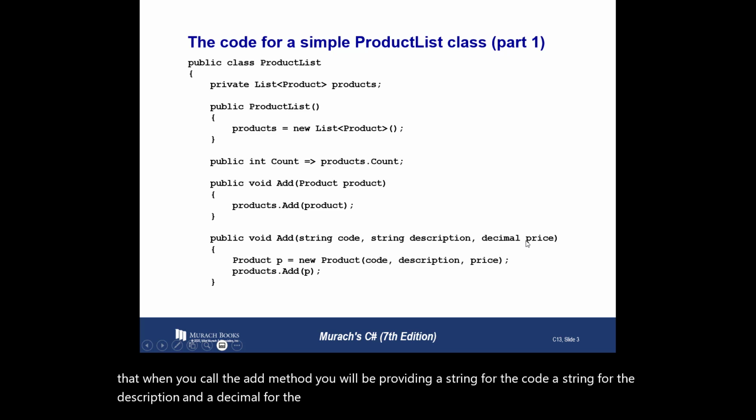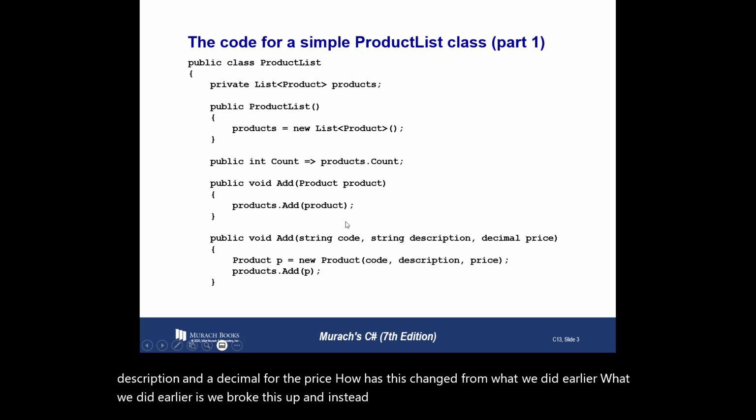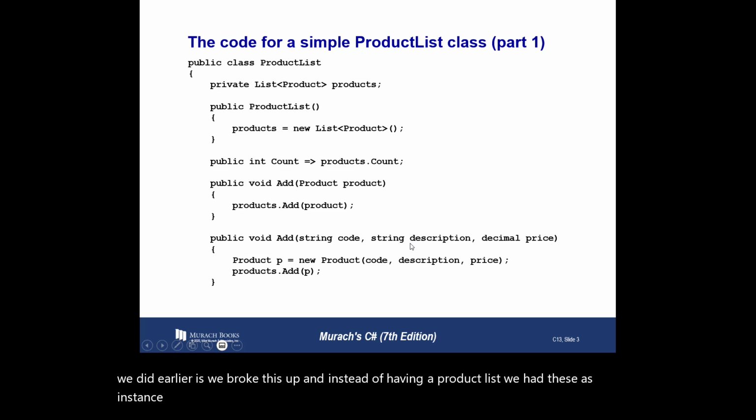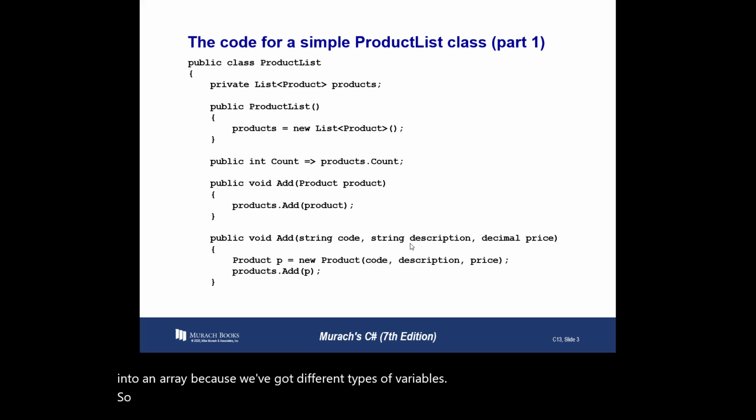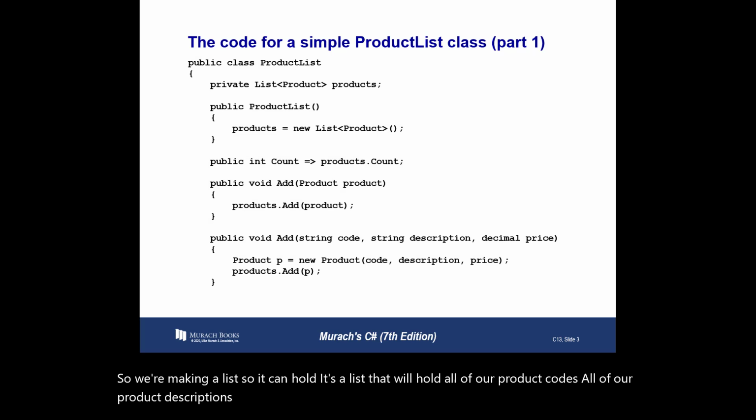How has this changed from what we did earlier? What we did earlier is we broke this up, and instead of having a product list, we had these as instance variables. Now we're combining them, but remember, you can't really combine those into an array because we've got different types of variables here. So we're making a list that will hold all of our product codes, all of our product descriptions, and all of our product prices.